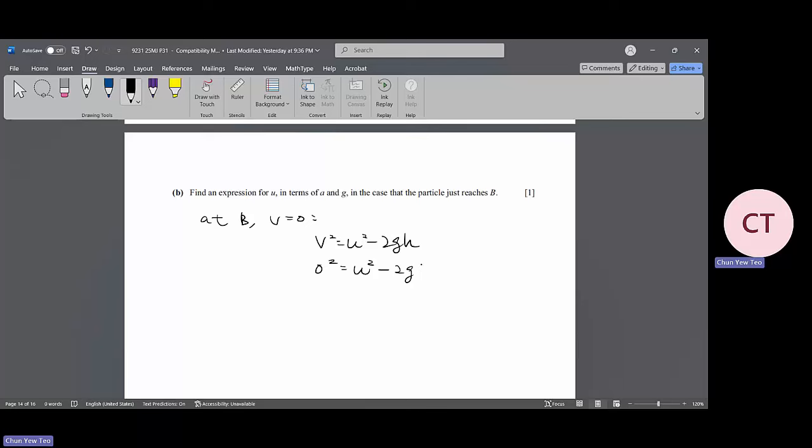Your H, the height, is KA, and we already know K is 1/5. So U square is equal to 2/5 GA. Therefore, your U is the square root of 2/5 GA. That is the answer for B.